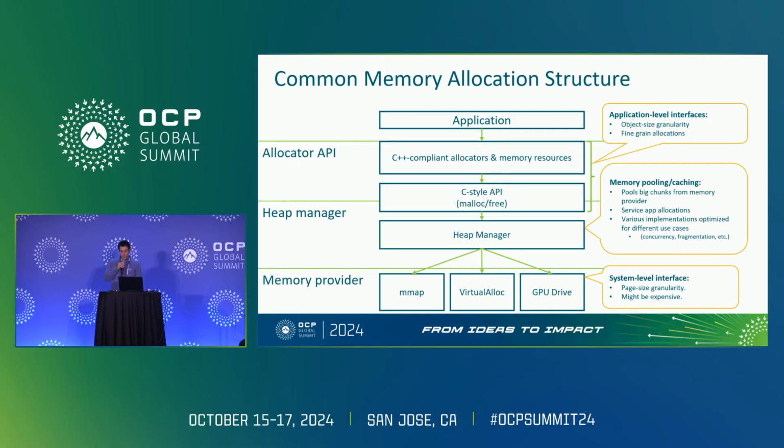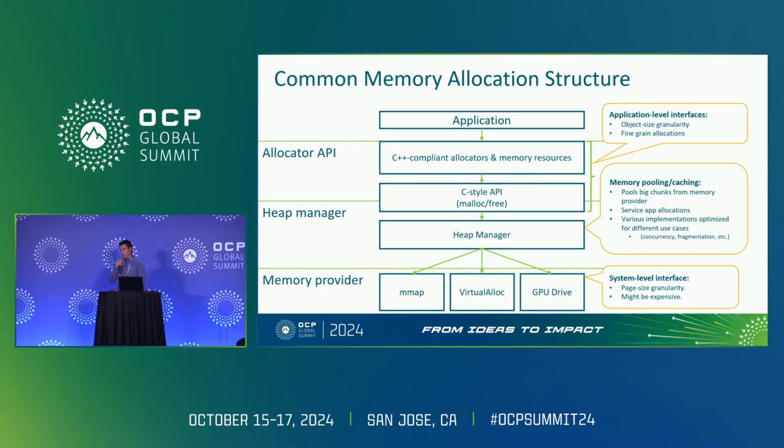Those heap managers or pool managers can be implemented in various ways. They can be optimized for different things like minimizing latency, fragmentation, or maximizing concurrency. But usually from the application perspective, there is no easy way to change or select which heap or pool manager is used.